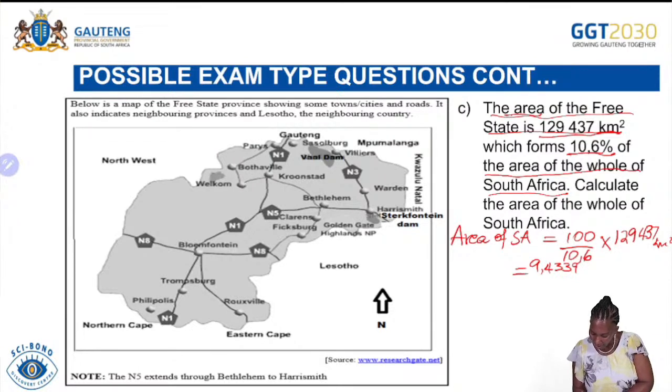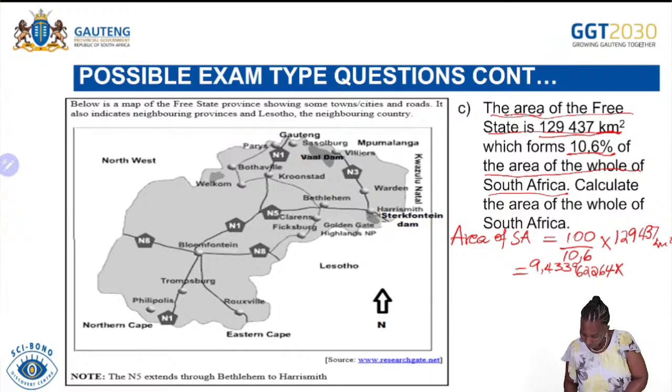Remember now what I have done, I have solved this one first. 100 over 10,6 gave me 9,43962264. We multiply it now by what? By 129,437.